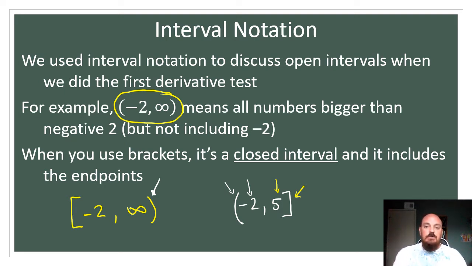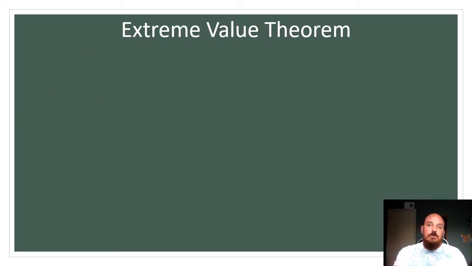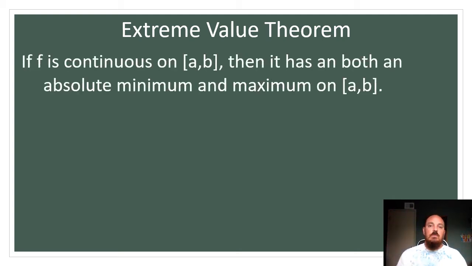The reason I wanted to review it is because there's one included in the extreme value theorem, and that's our next thing. So we're going to learn the extreme value theorem now. And you can tell from the name, it's a theorem about the extreme values, about the absolute minimum and maximum.